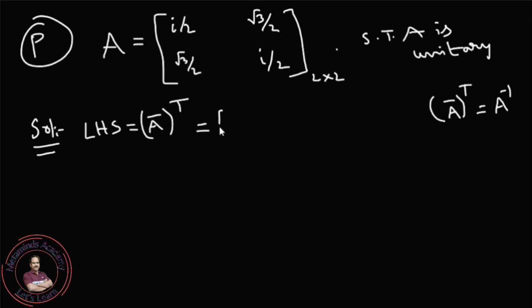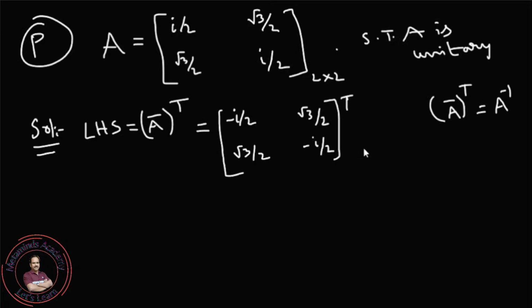First of all, keep the transpose as it is. Now let us write the A bar inside. What is the conjugate of A? Replace i by minus i. So this is minus i by 2. There is no i here, it's a real number only: root 3 by 2, root 3 by 2 and minus i by 2.